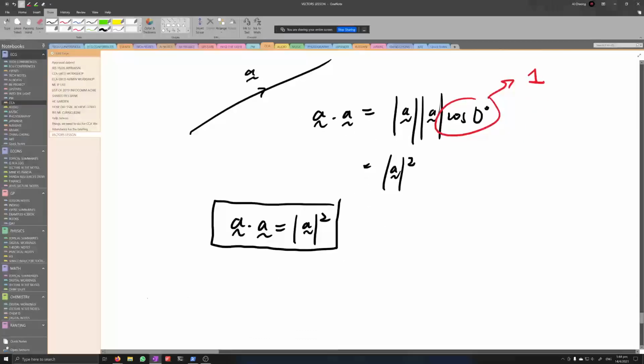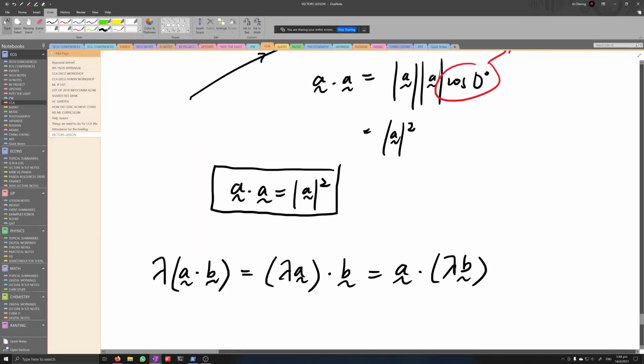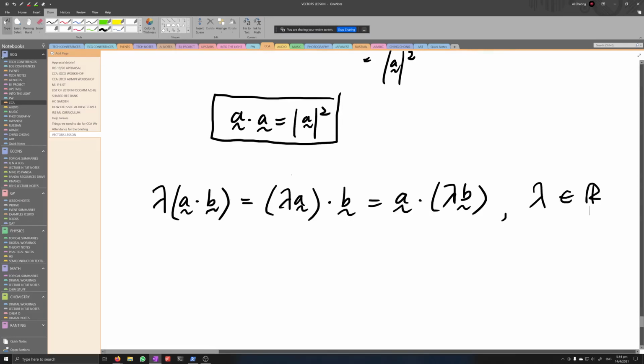Okay, then if you want to do lambda times A dot B, it is equal to lambda A dot B, which is also equal to A dot lambda B. Of course, lambda is a real number. So if you want to prove this, you can easily just do it by expanding the formula.